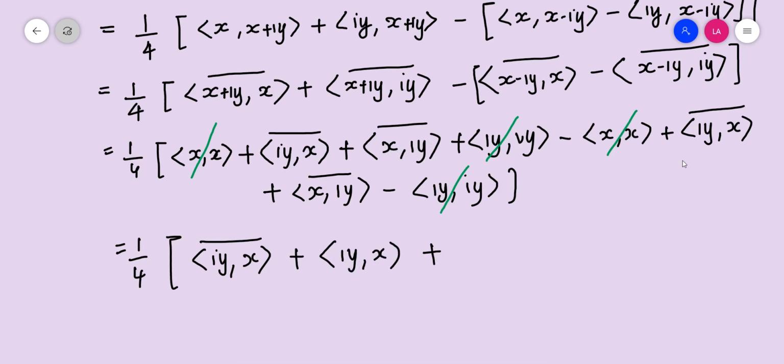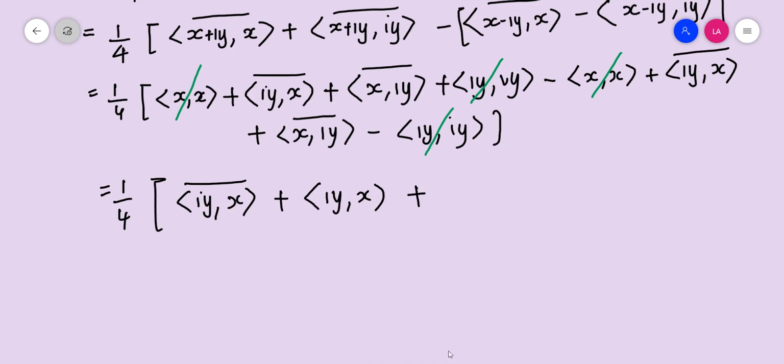Plus similarly here also, and next part inner product iy x conjugate. Now this part can be written as in the previous case, which can be written as inner product iy x.